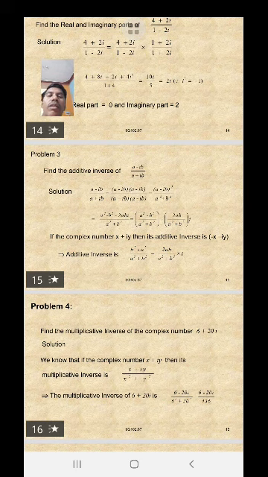So to convert it to the form a plus ib, for the given question, we are multiplying and dividing with a minus ib.